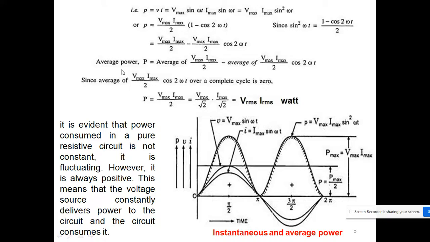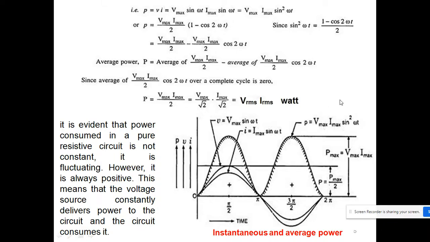So we can say that the power consumed in a pure resistive circuit is not constant. You can see it is not constant, but fluctuating, like this. Why is it fluctuating? Because the sine square term comes here.